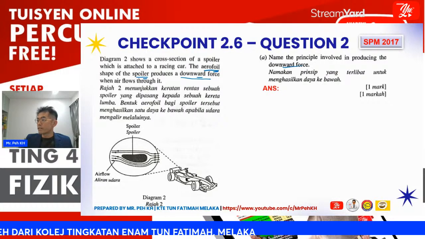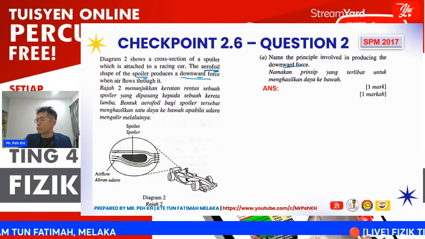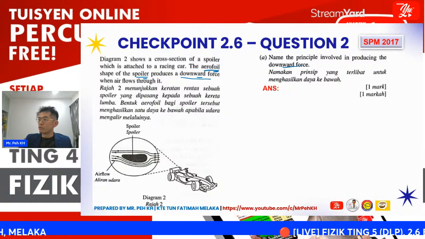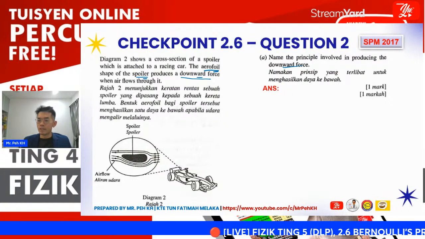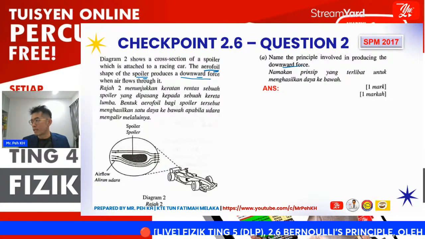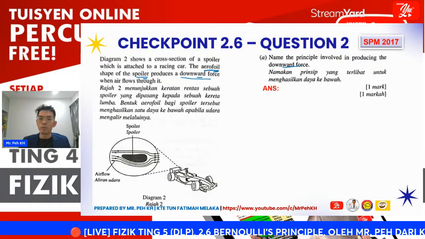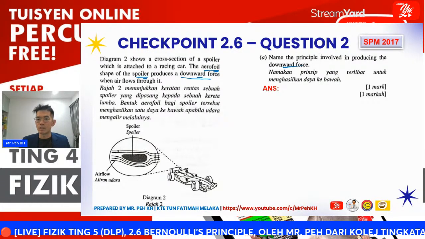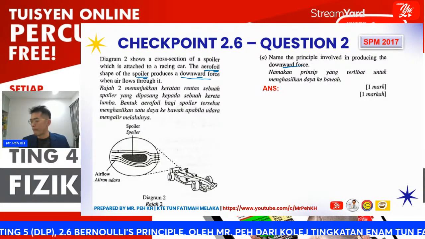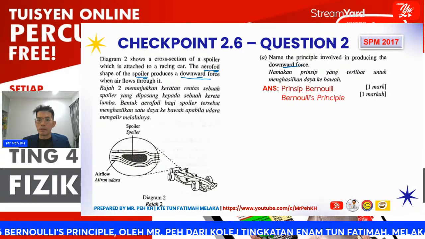But we still advise students to give the statement compared to the formula. If I say give symbols only, there will be no marks. If I say give the formula for your definition, at least you state your symbols, Jimmy. So here it is Bernoulli's principle.